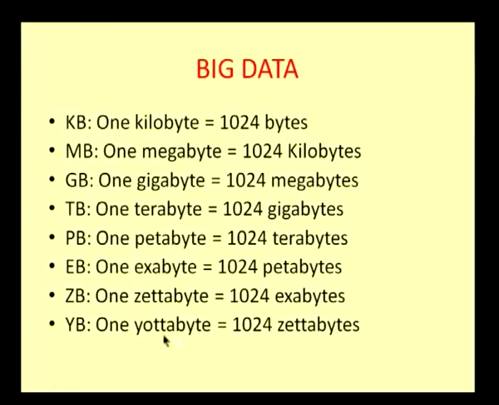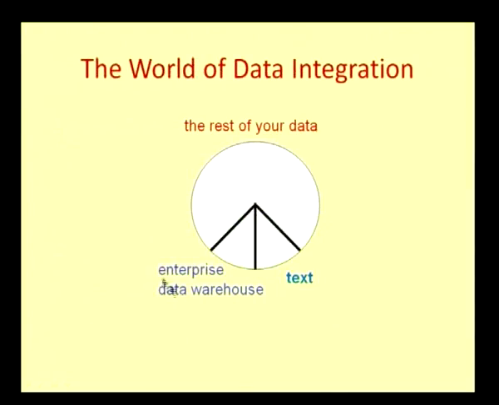So, these are the units we are using, and when you consider the data throughout the world, the text data occupies this much percentage, the data warehouse created by the enterprise this much, and all the remaining is our own data. We have hardly about 25 to 30% of text as well as enterprise data warehouse.